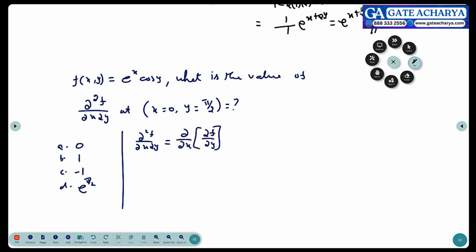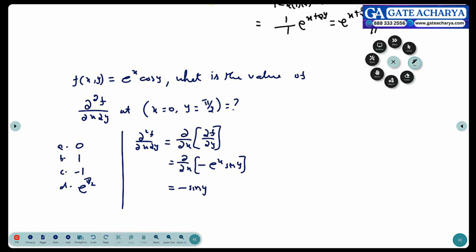Correct? That is equal to dou by dou x of dou f by dou y. We differentiate this f with respect to y partially. So e power x is constant, e power x appears. Derivative of cos y is minus sin y. That's all. Again, we differentiate partially with respect to x, treating sin y as constant. So minus sin y appears.